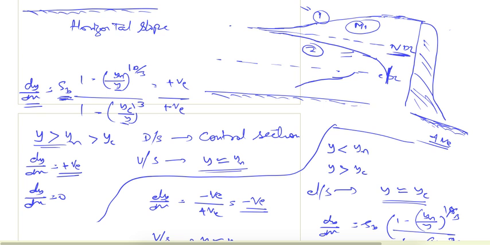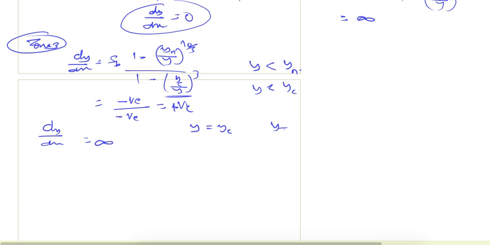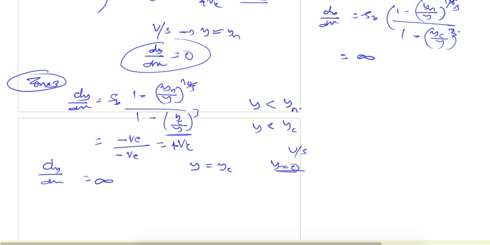So this profile will be something like this here. And in the upstream, if I say y is becoming 0 on the upstream side, in the practical case y will never be equal to 0, but if we put 0 here and 0 here, this will be infinity upon infinity, which is a case of not defined.